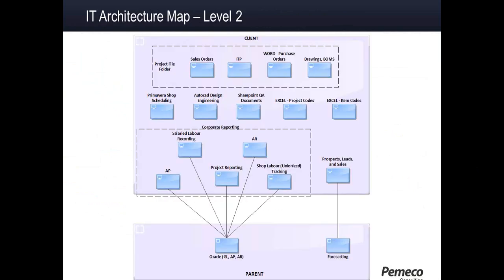And then beyond that, looking at another element, this is going to give you the IT architecture technical map, if you will, of what a company's operations look like. So we're going to do this analysis at 3 different levels: the value of your business, the detailed business processes that are critical to your business, and the technical map of where your business is right now.